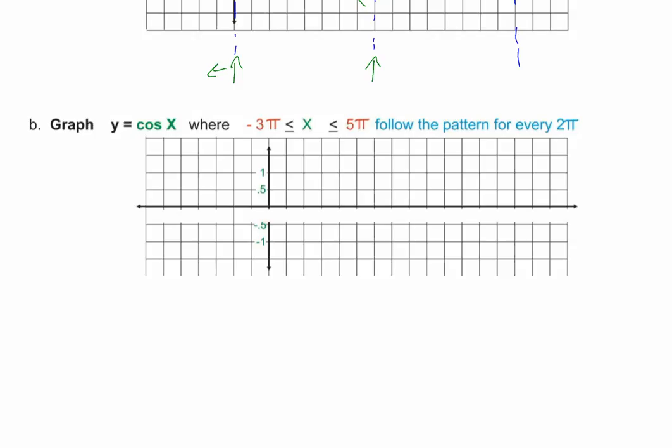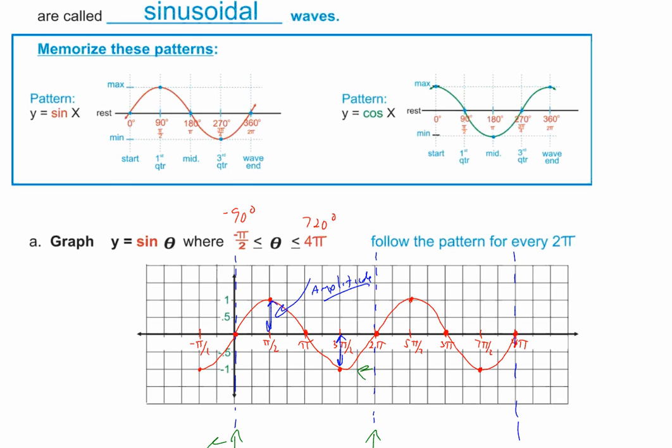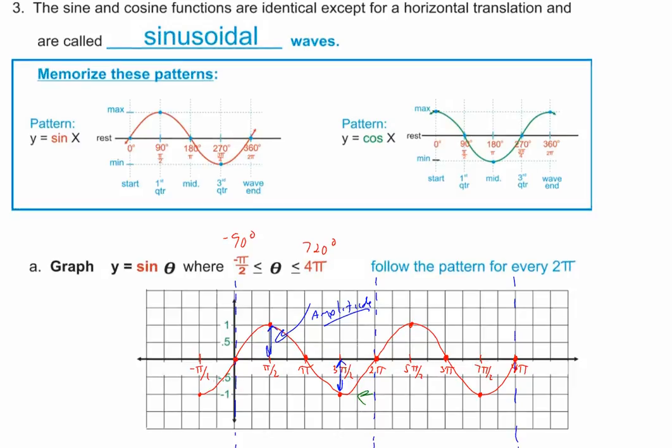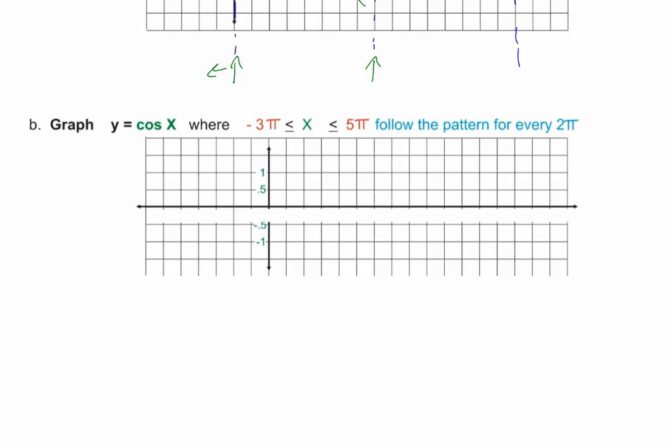On this one, it's probably easier to go one mark at a time. Again, if you look at the cosine, after the start, you have the first quarter, halfway, third quarter, and finish, right? So you have start, first quarter, halfway, third quarter, finish. So that's what we want down here.